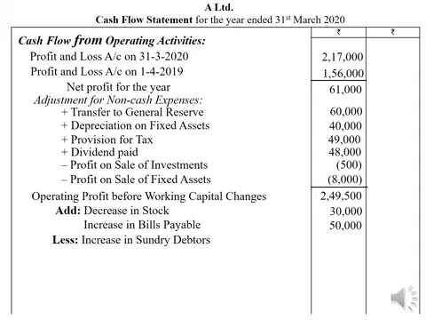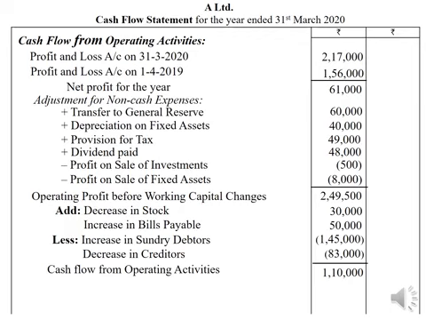Next, less items. Increase in sundry debtors rupees 1,45,000 minus figure. Decrease in creditors rupees 83,000 again minus figure. So adding and subtracting the items as they are, we get 1,10,000 as balancing figure. It is cash flow from operating activities.